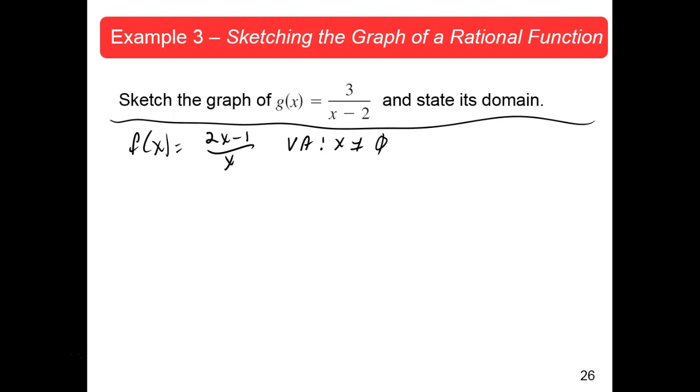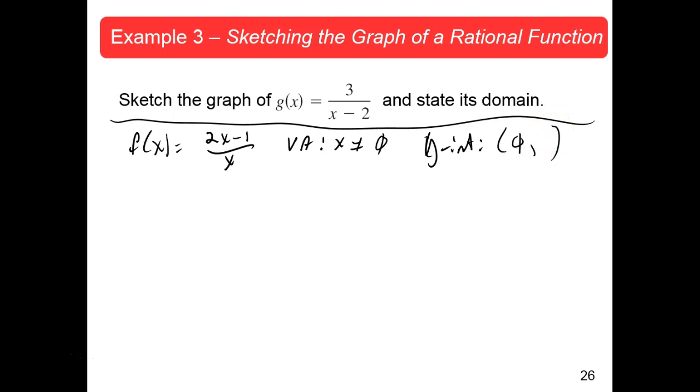But what was usually the first thing? Well, first we try to factor, but it's prime. There's nothing you can factor. So then the next easy thing, usually the easiest, is your y-intercept. And what is your y-intercept? X equals 0. So what is it when x equals 0?